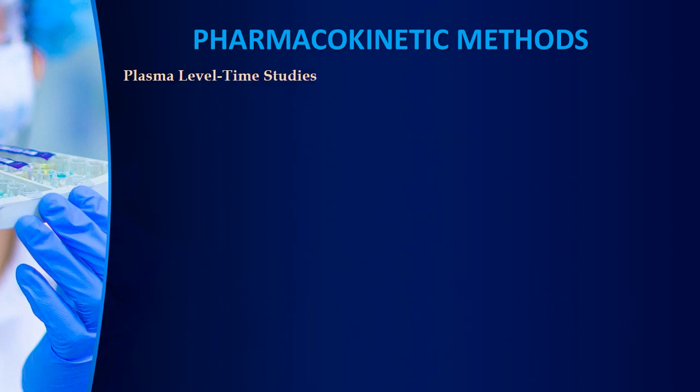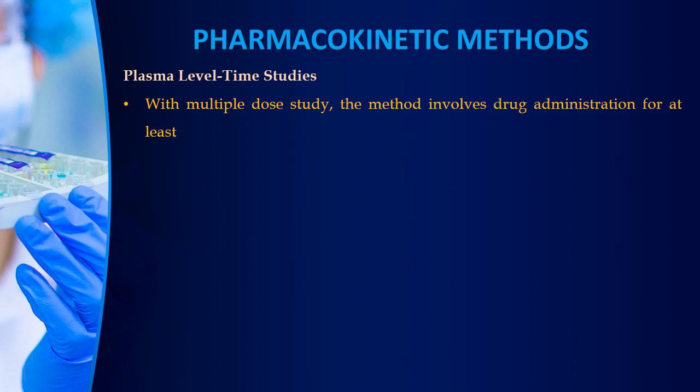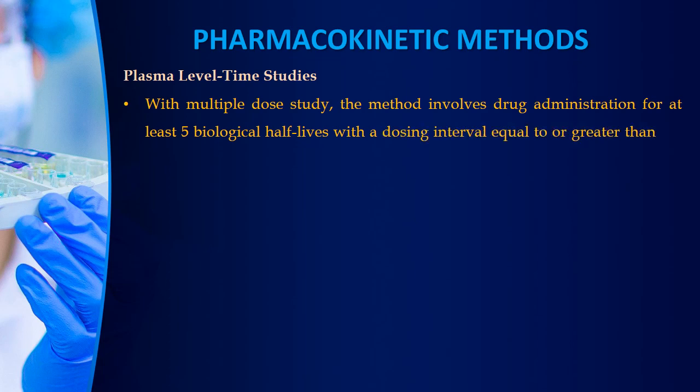Well, when there is multiple administration, previously we discussed single dose administration. In case of a multiple dose study, this method involves drug administration for at least 5 biological half-lives with the dosing interval equal to or greater than the biological half-life.